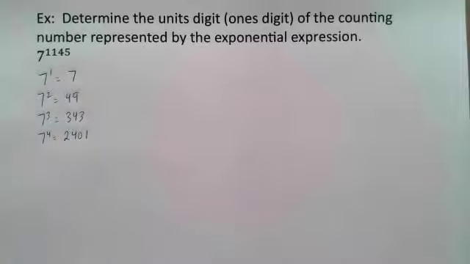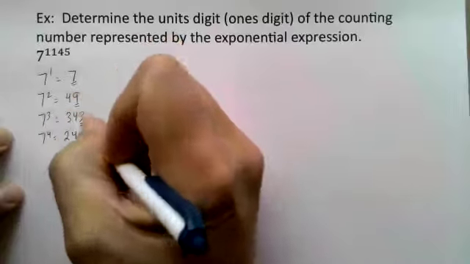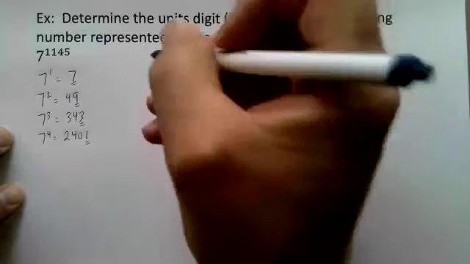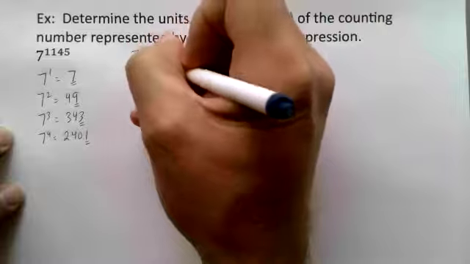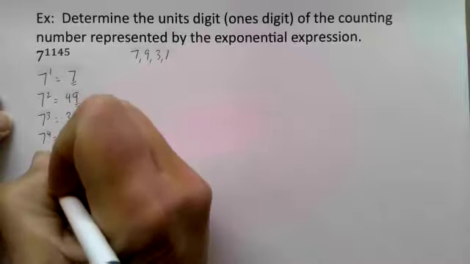This one's a little bit more difficult because I don't really see a pattern yet. Remember, we're just looking at the ones place, but 7, 9, 3, 1, there's no pattern there. There's no pattern happening yet. Let's do some more, see what happens.